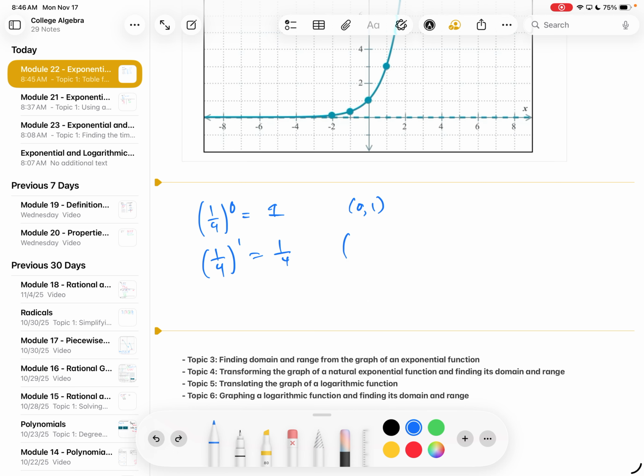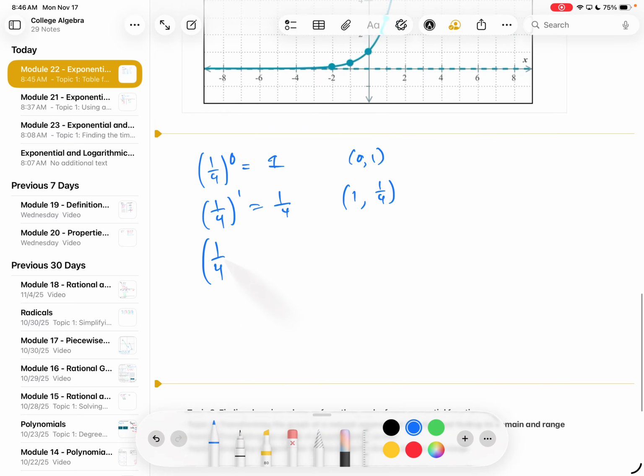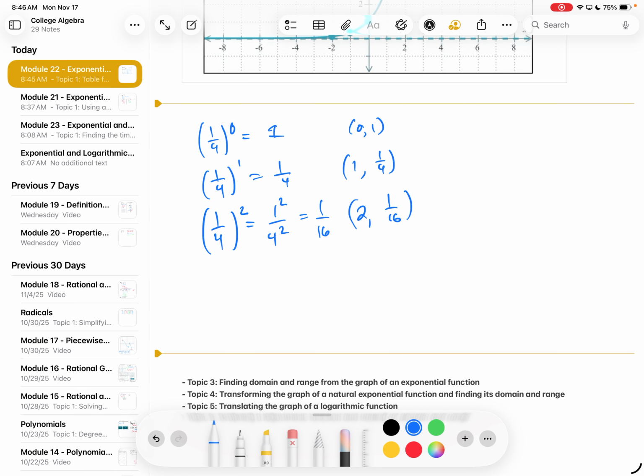If b is between 0 and 1, which means like a fraction, I'll say a proper fraction, so like 2/3, 1/4, 4/5, 7/16, whatever, it is going to have an exponential decay.